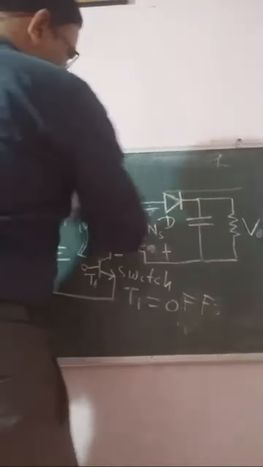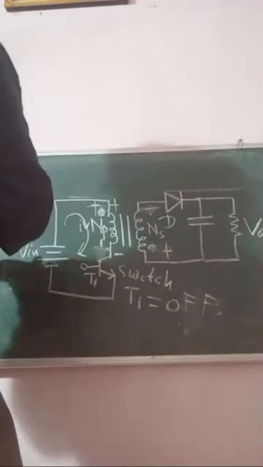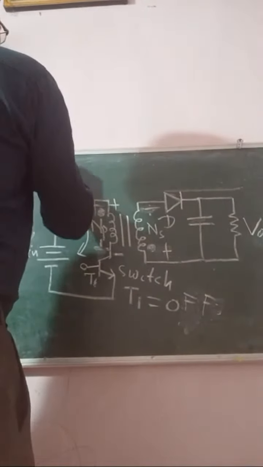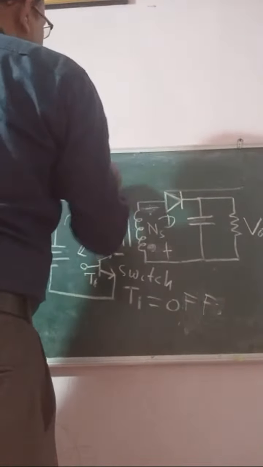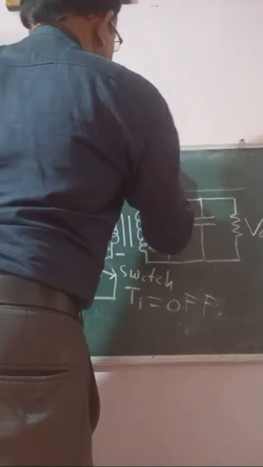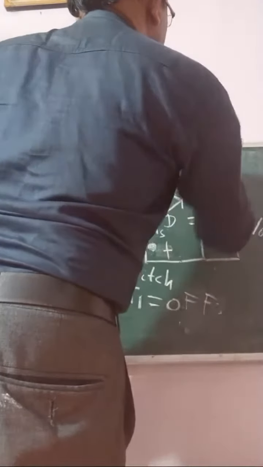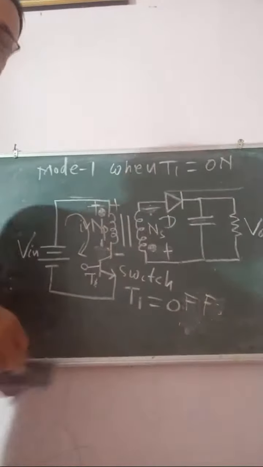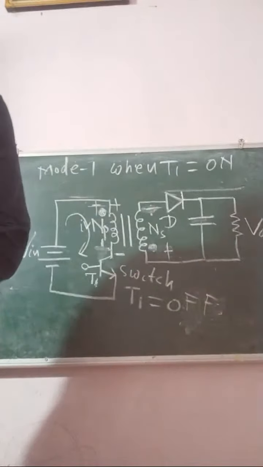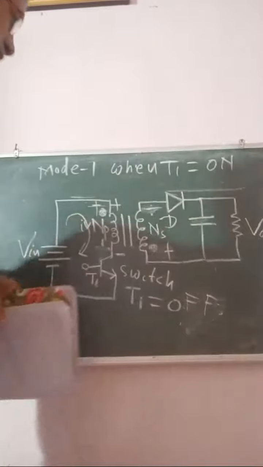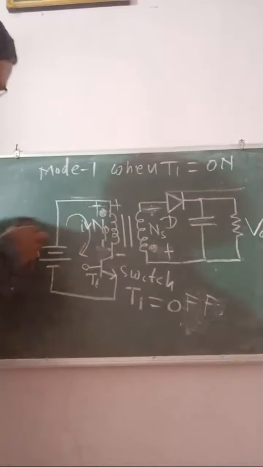That is mode 1, when T1 is on, that is, the switch is in the on condition. Then what happens when T1 is in the on condition? So quickly draw that circuit diagram.